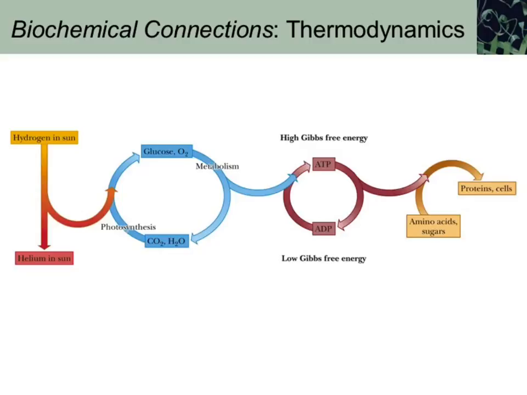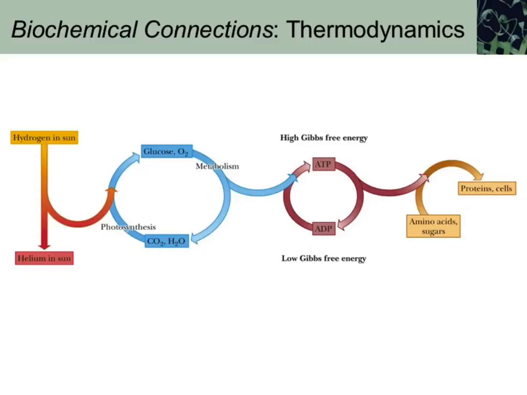Now the CO2 goes, oh crap, I've got too much energy. What can I do? Well, I see another molecule. I'm going to go react with that. There's step 1. We're now changing the structure of CO2. That gets metabolized into glucose.